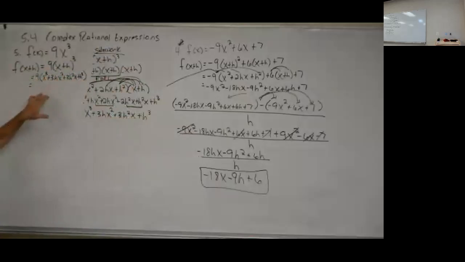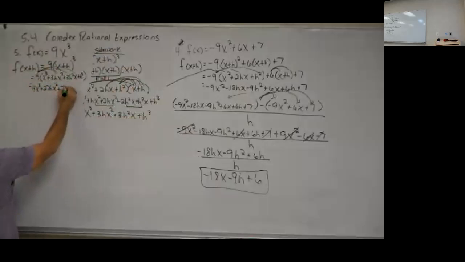And y'all, I'm going to do one more step now. I'm going to distribute that 9 through so that I can get rid of the parentheses. So all 4 of these have to be multiplied by the 9. 9 times x to the third is 9x to the third. 9 times 3 is going to give me 27hx squared. 9 times 3 gives me 27h squared x.